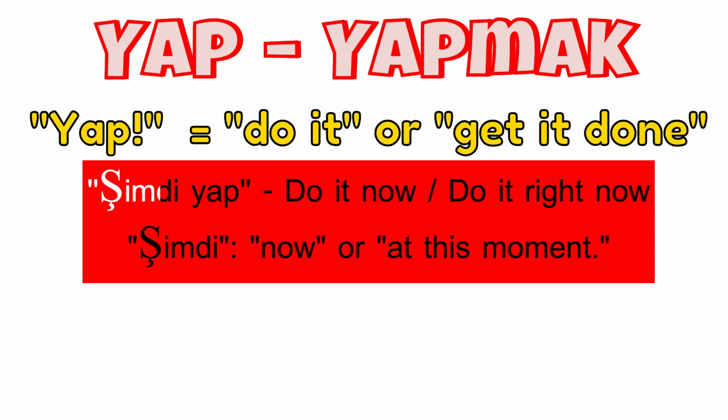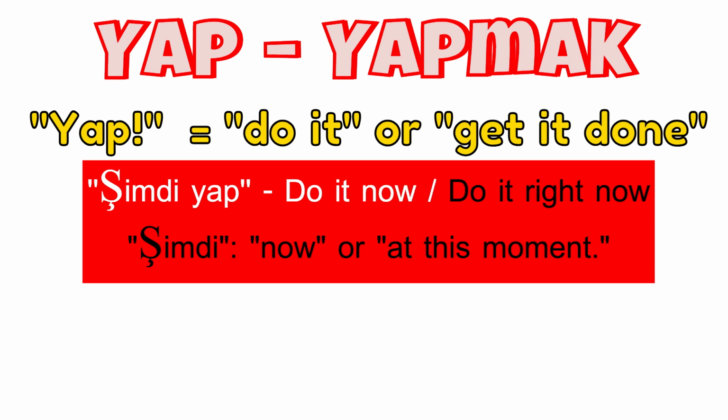Şimdi means now or at this moment. It tells the listener when to do the action. Yap, again, is the root word do, used as a command. When combined, it makes the action urgent, emphasizing that it should be done immediately.